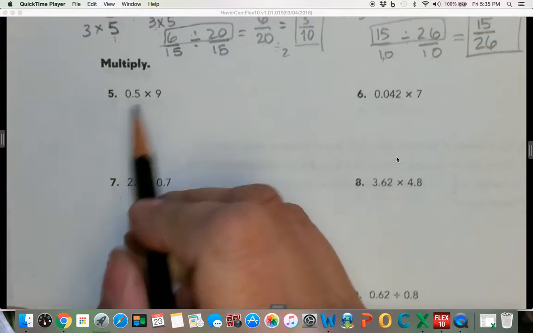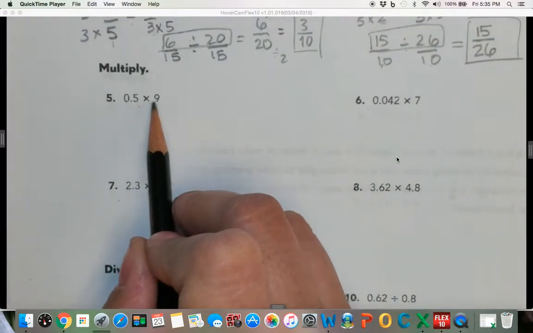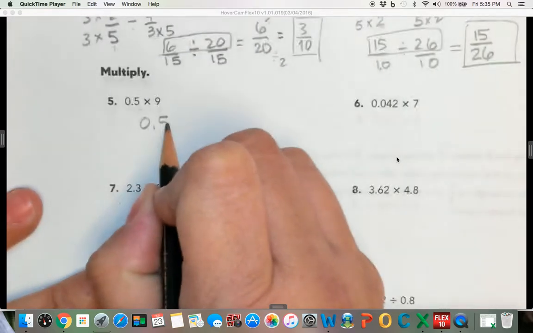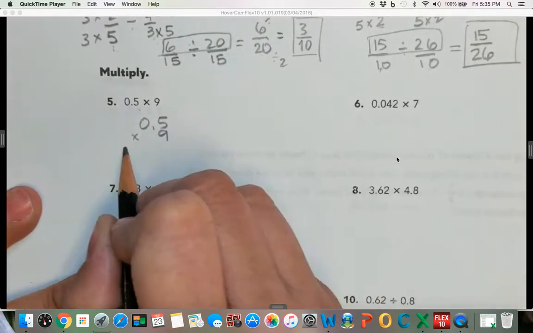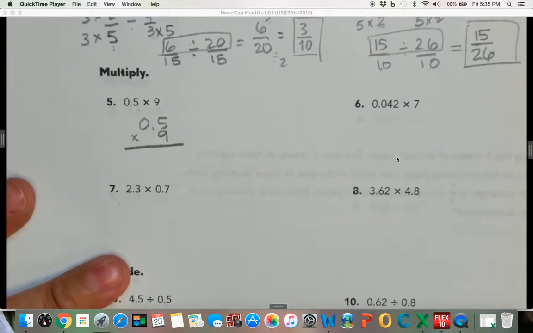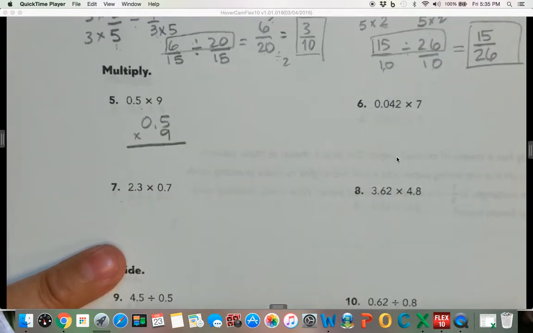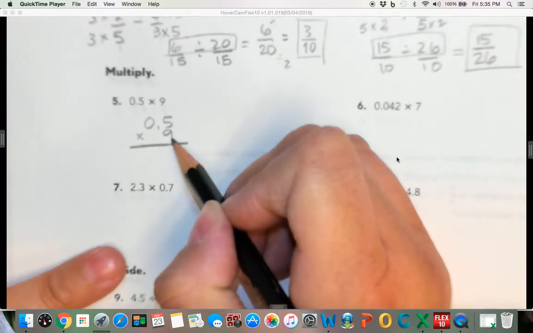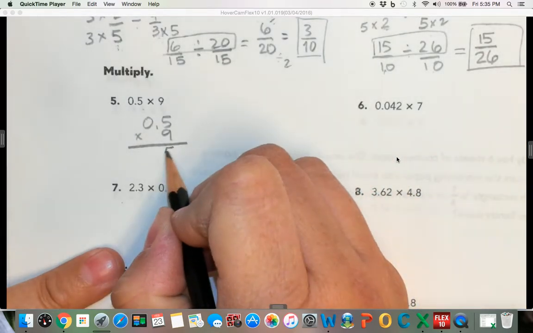And this says 5/10 times 9. So I'm going to rewrite it, and I'm just going to multiply regularly. 5 times 9 is 45.